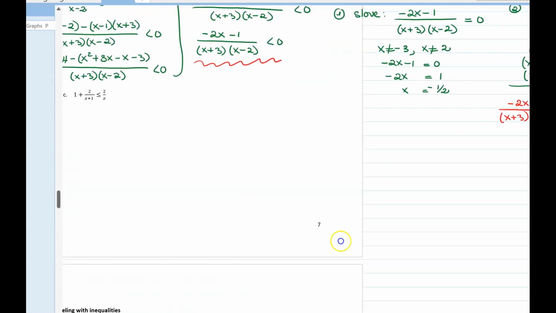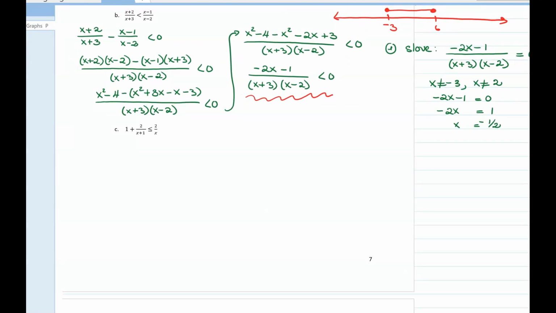Last problem. Again, we will move everything to one side of the equation.